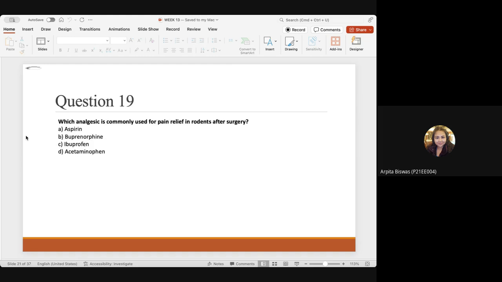Next, question number 19. Which analgesic is commonly used for pain relief in rodents after surgery? First is aspirin, then buprenorphine, and ibuprofen, and option D is acetaminophen.